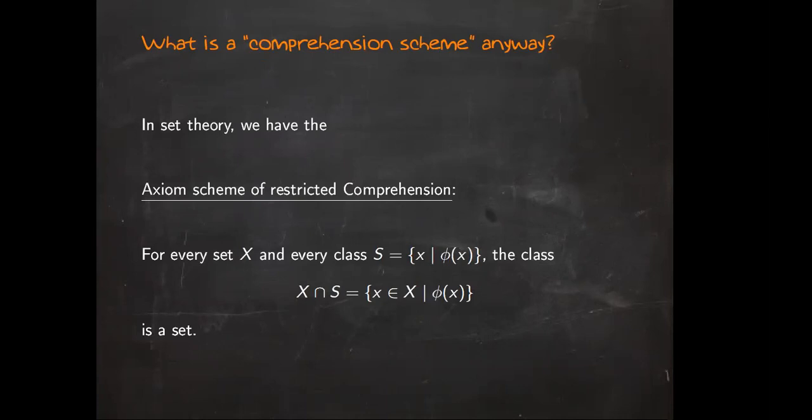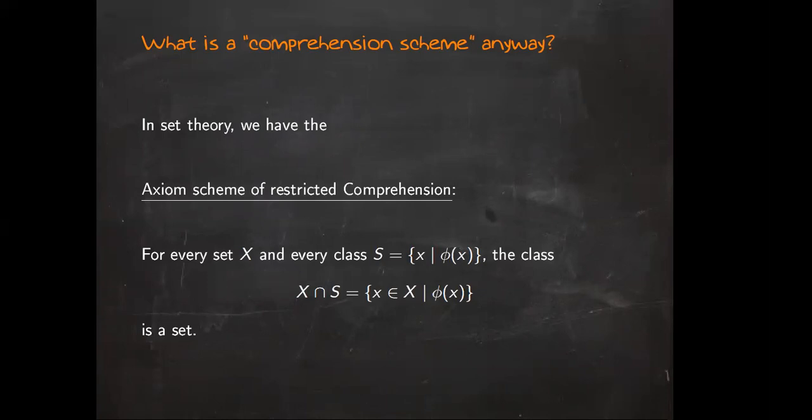We have the axiom scheme of separation, or in other words, restricted comprehension. And it says that if we are given a set X and some first order formula phi, or say a class S, then if we intersect those two things, we obtain a set again, right? So set theory is closed under some sort of structure.